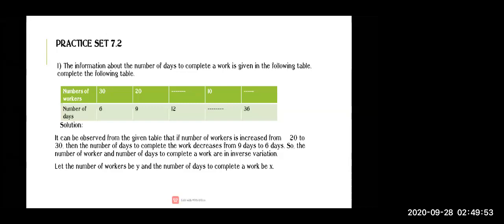So we have to assume that the number of workers is y and the number of days to complete the work is x.